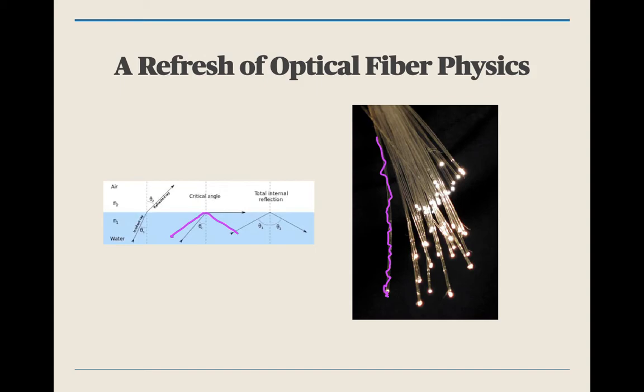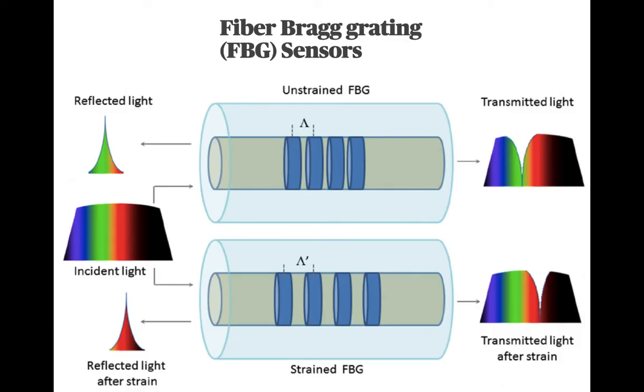So they're used in cables and in sensors and all kinds of cool stuff. So I'm going to show you now what's happening with an FBG sensor, a fiber Bragg grating sensor.